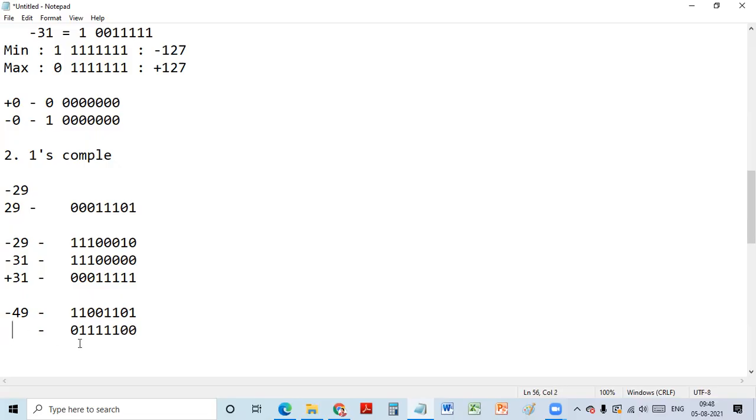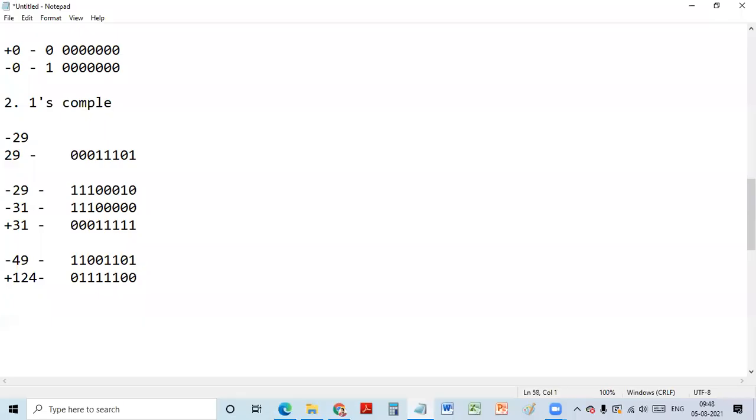And my most significant bit is 0, so it is plus 124. Am I right? Yes, ma'am. Is that clear? This is the method that you have to follow for representing any number in one's complement form.